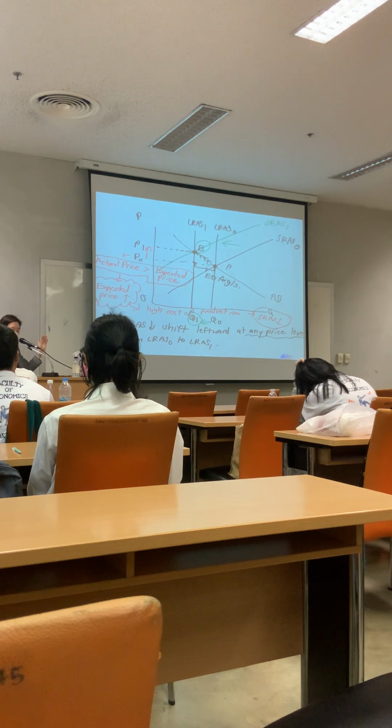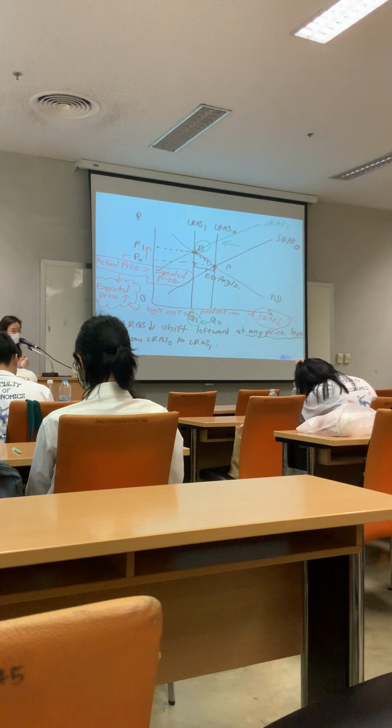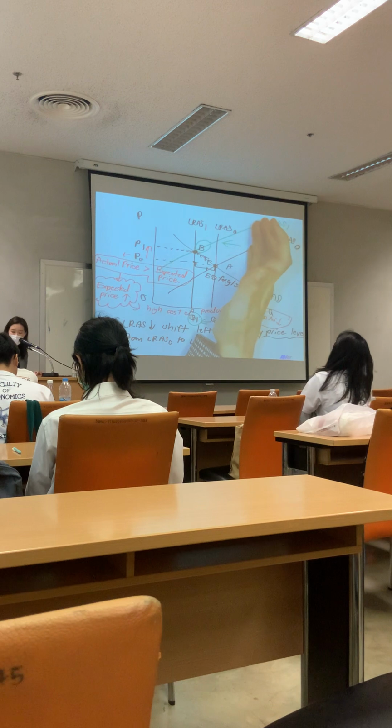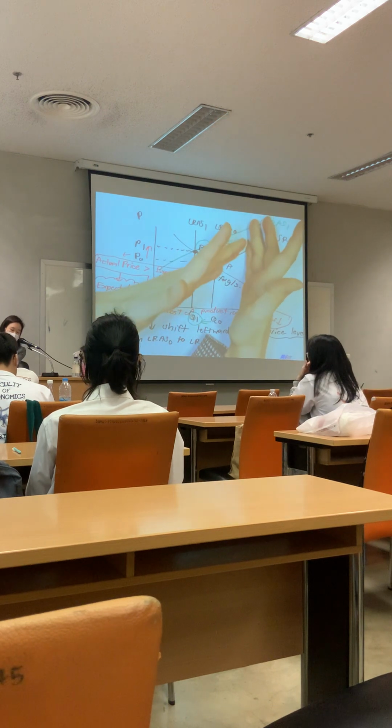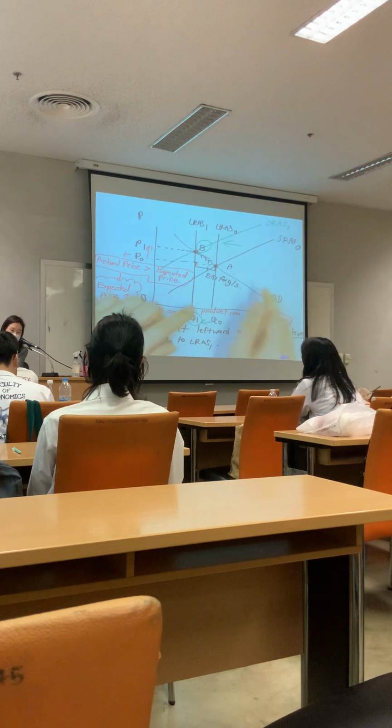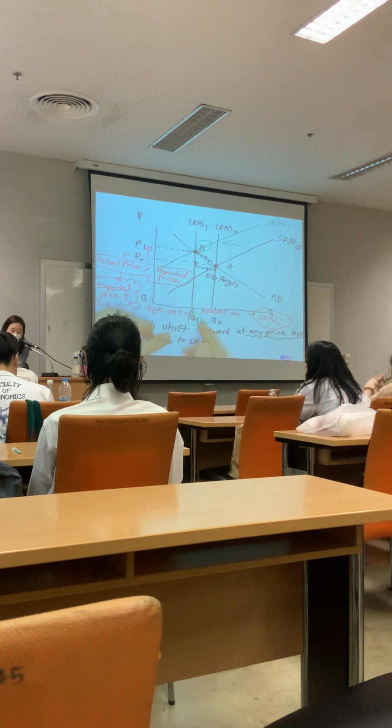If the graph shifts rightward first, for example if LRAS shifts rightward first, everything will be the same but in the opposite direction. You shift this one rightward, and then SRAS will shift rightward. It will close the gap at some point, and you will get the new equilibrium.